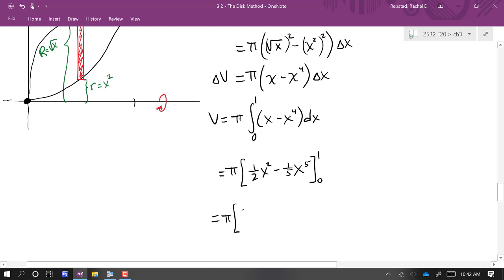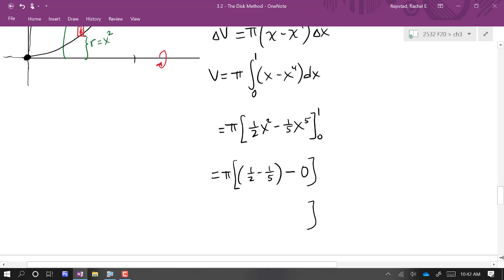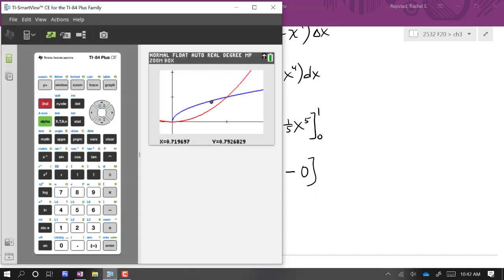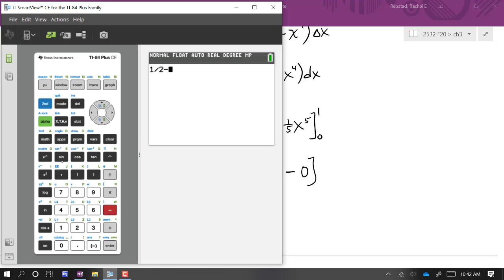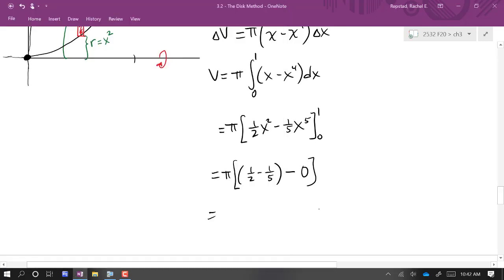So let's see, plugging in 1, we get 1/2 minus a fifth, minus, if you plug in 0, both those terms have a factor of x, so the whole thing zeroes out. 1/2 minus 1/5 is 3/10. So 3 pi over 10.